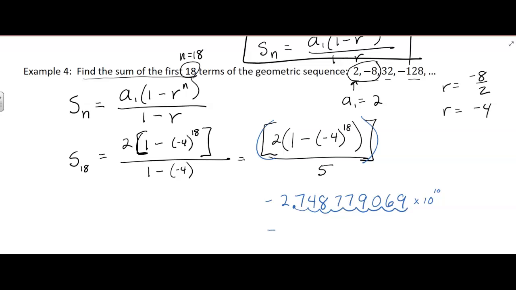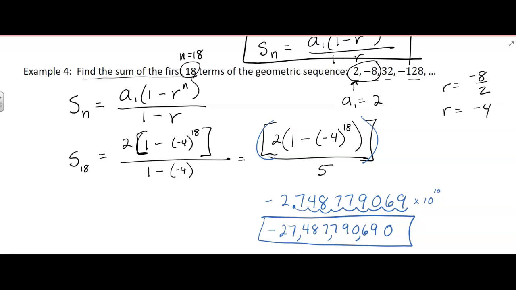So I'm going to need another 0. -27,487,779,0690, and then I'm going to put the commas in. You start from the right hand side and count 3. Okay, so that's what I'm getting for the sum.